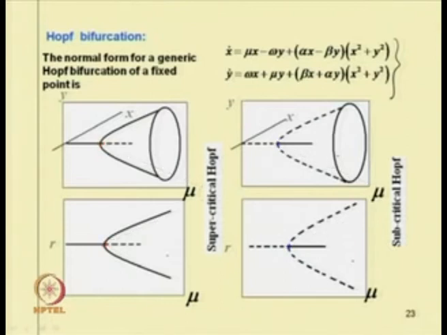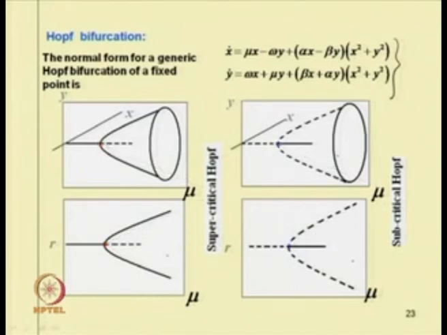Similarly, one can see in this case from the stable branch one obtains a non-trivial stable and a trivial unstable branch. So, at this point a periodic response emanates from this point. So, this is a Hopf bifurcation point.